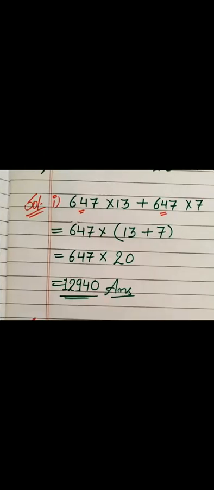So what we do, we can take this 647 as common. After taking it common, you will get within a bracket 13 plus 7, and this 647 in multiplication, and after solving the bracket term we will get 20, and then we can multiply, then we will get 12,940 as the final result.